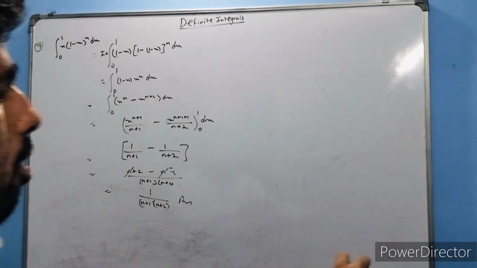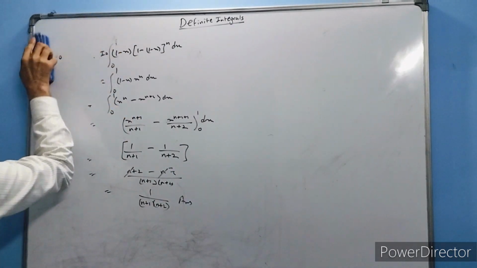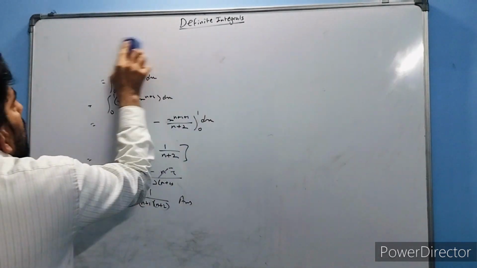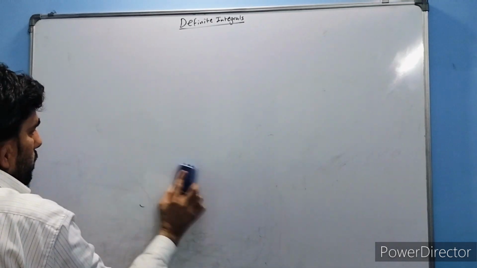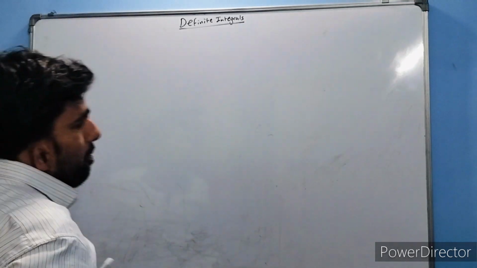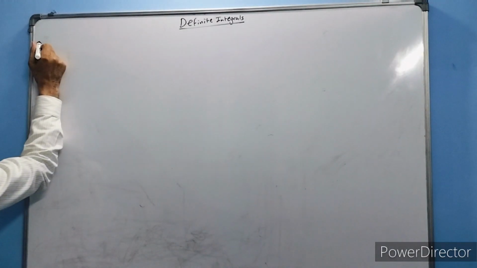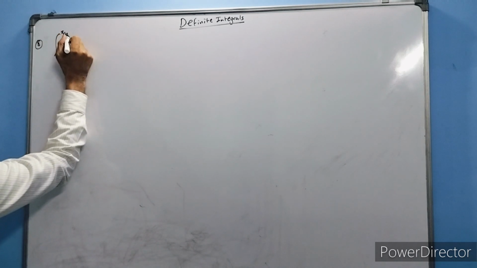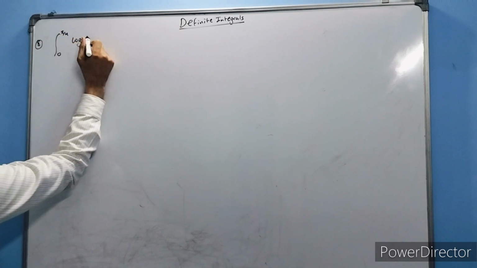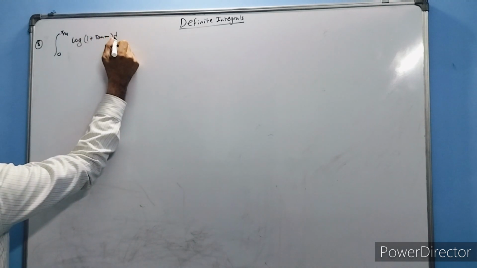Now let us solve the next numerical, that is to evaluate definite integral based on properties. Now we have the next question here, that is 0 to pi by 4, log 1 plus tan x with respect to dx.